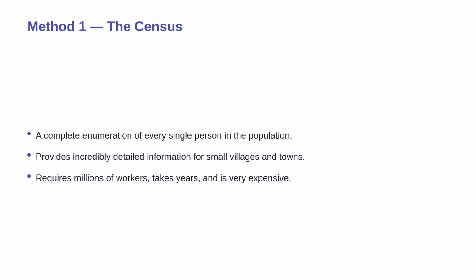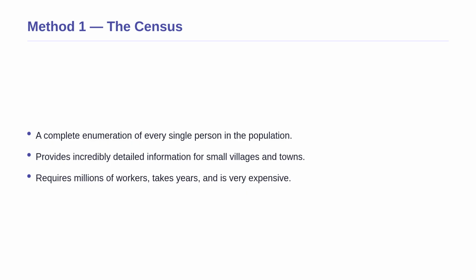To gather this massive amount of data, the first and most famous method used is the census. A census is a complete enumeration. This means the government attempts to count and collect data from every single person in the entire population. Think of it like checking every single grain of rice in a massive cooking pot to see if it is fully cooked.